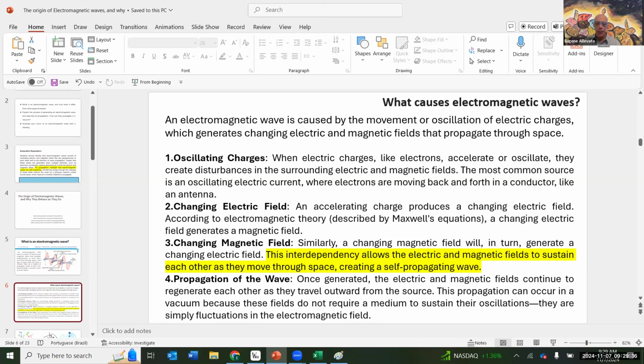So this interdependence between the changing electric field and the magnetic field, the oscillation dependence, is what created this self-propagating wave, right? So they don't need the medium, but they need each other, and they need each other to be oscillating. So that's the key thing to remember.